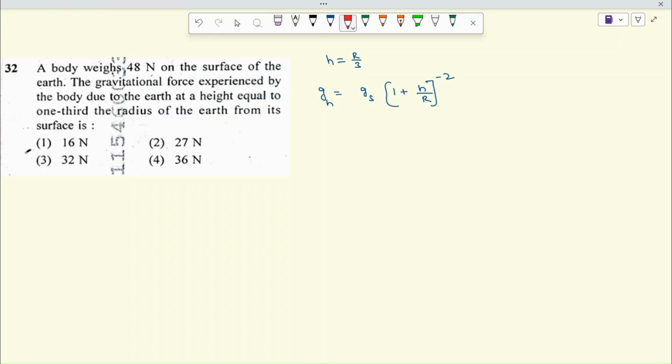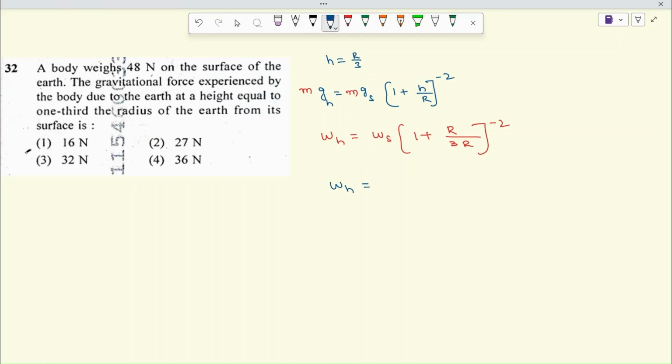Multiply with mass on both sides, you will get the weight. So weight at a given height is equal to weight on the surface into 1 plus h, given as r by 3, power minus 2. No cancellation.